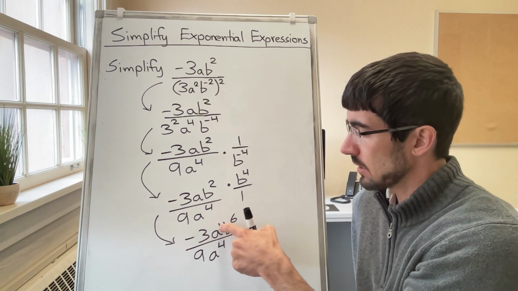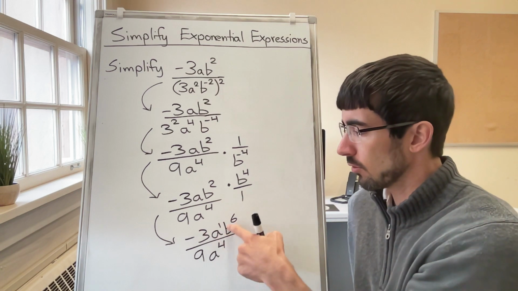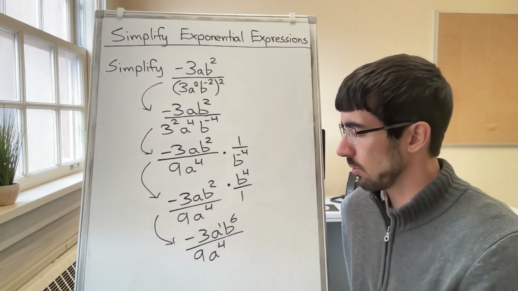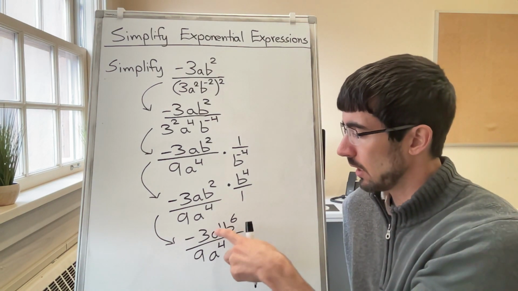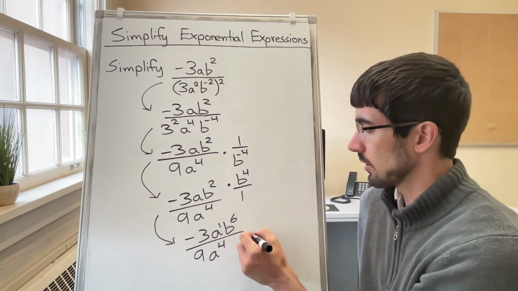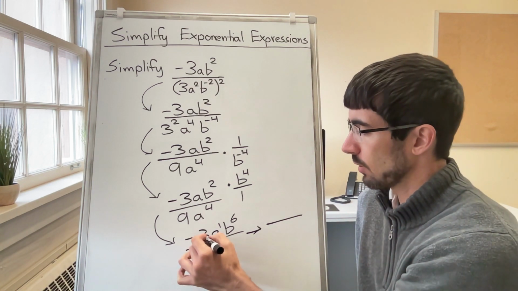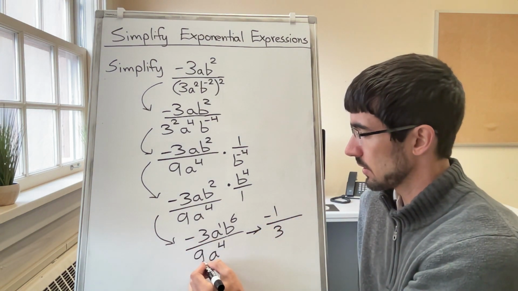If I subtract in this order, 1 minus 4, I'll have a to the negative 3 in the numerator, and then I need to remove the negative exponent. If I subtract in this order, 4 minus 1, I'll have a cubed, a to the positive 3, in the denominator. So let's go with that. First, I'm dividing these by 3, so I have negative 1 over 3 for these coefficients.